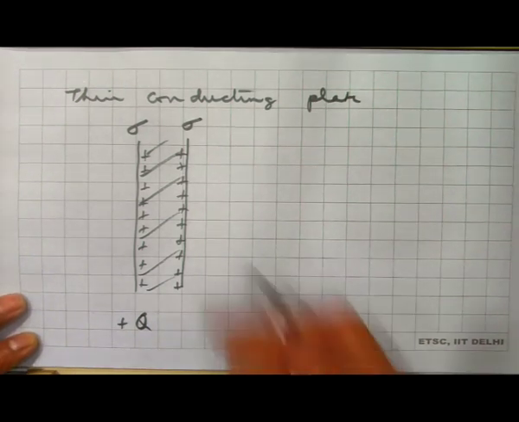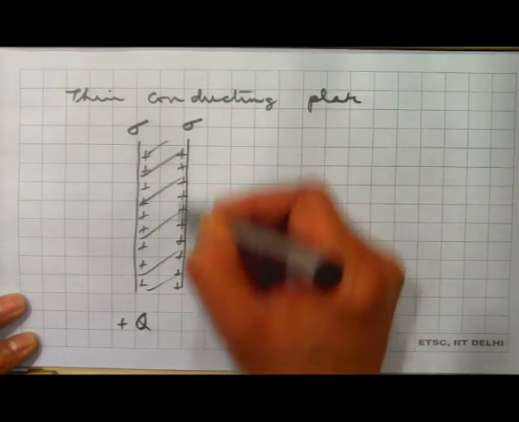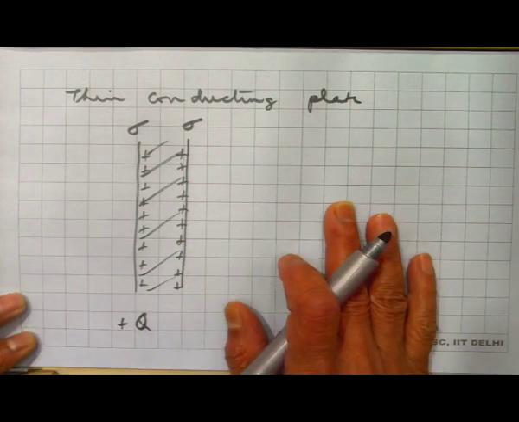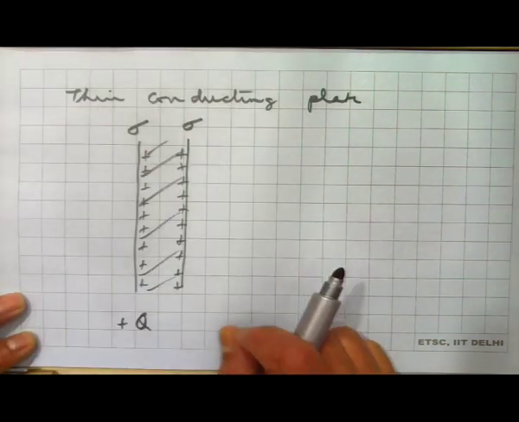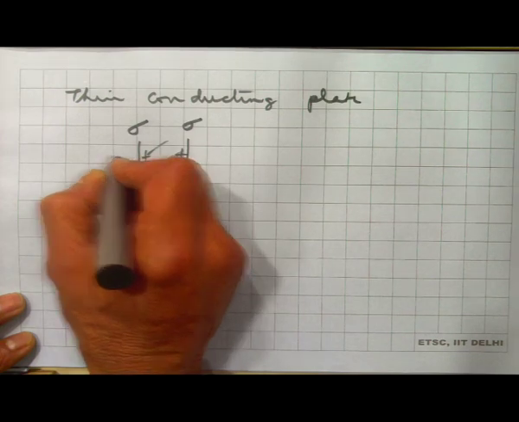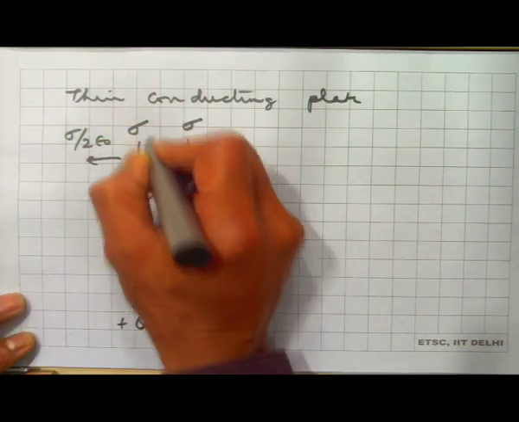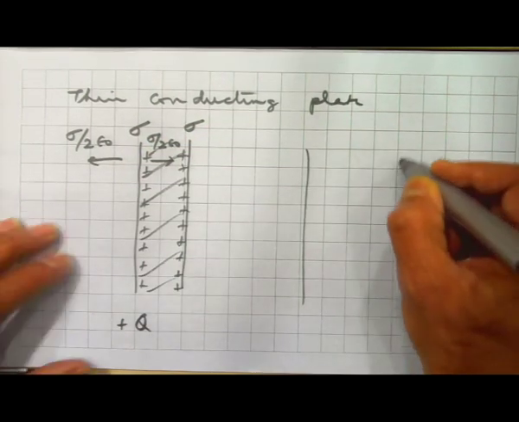Now, this surface charge density produces an electric field, and that surface charge density produces an electric field, and what you observe is the sum of the electric fields produced by the two. Let me look at the surface charge density on the left. It produces sigma by 2 epsilon 0 here and sigma by 2 epsilon 0 here. Let me draw another bigger figure.